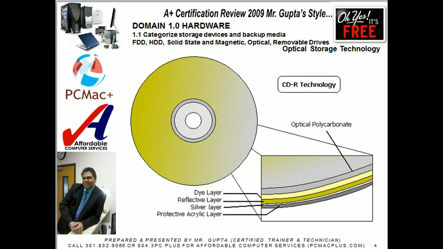The laser burns non-translucent data bits, which absorb light that would normally reflect back the read laser. The parts that are not burnt are the pits. The reflective layer is the layer which reflects the red read laser beam back to the optical sensor, which translates the pulses into ones and zeros.